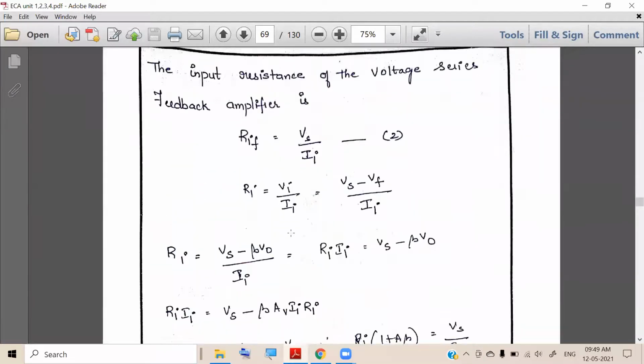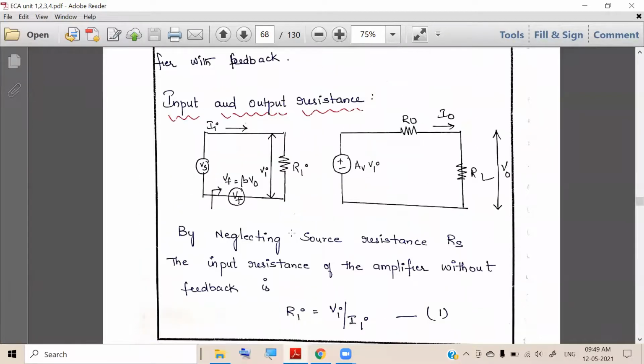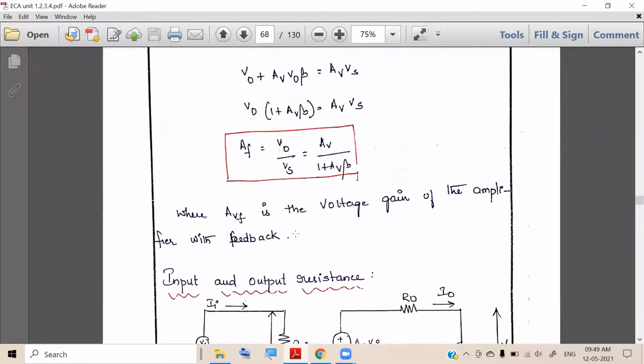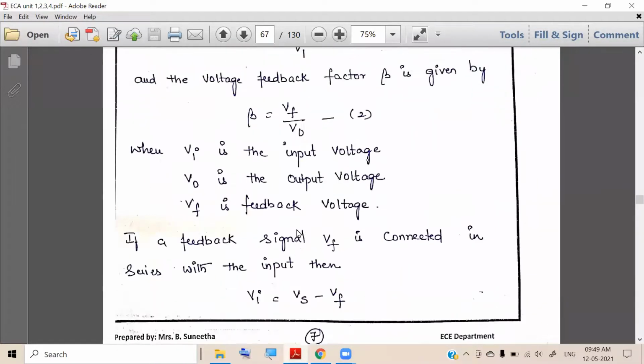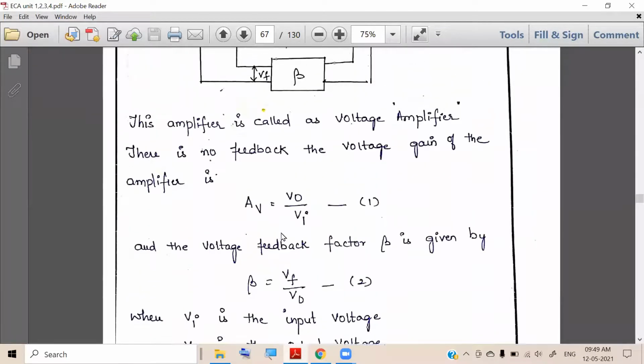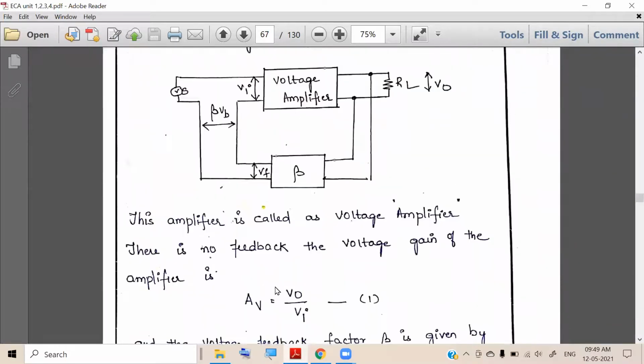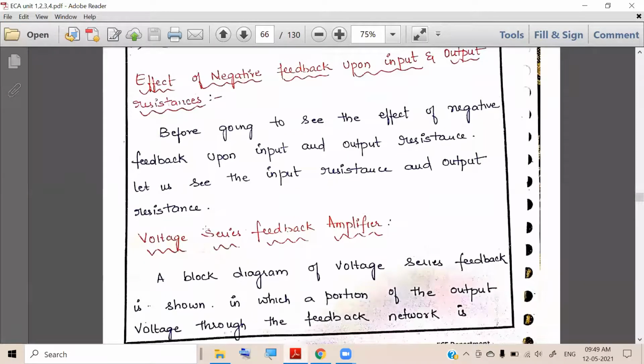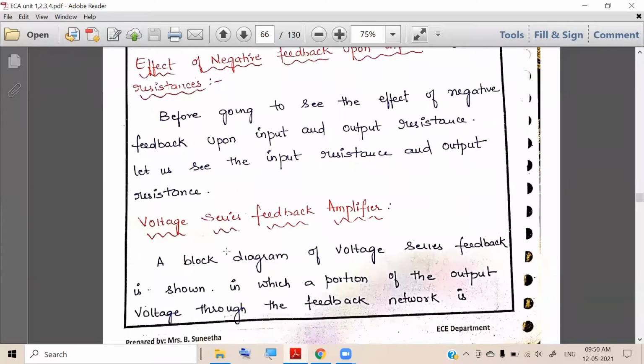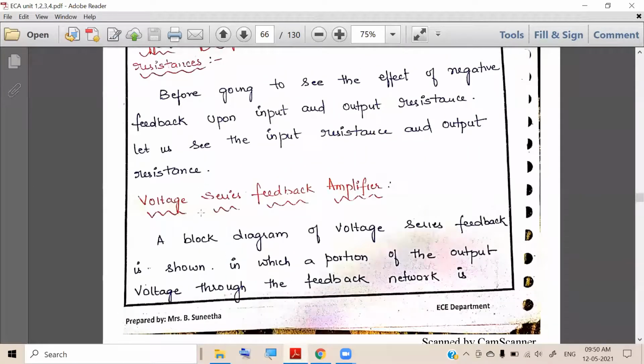In voltage series feedback, see, the title is voltage series: voltage sampling, then series mixing. Whenever you are mixing in series, it means that the feedback signal is represented in terms of voltage.